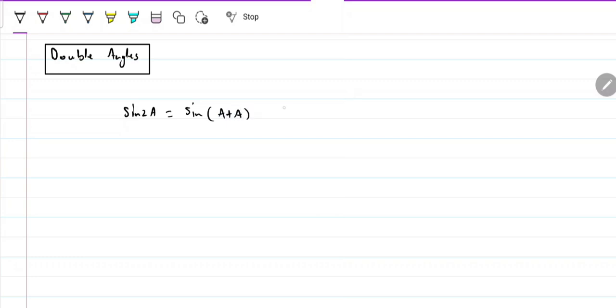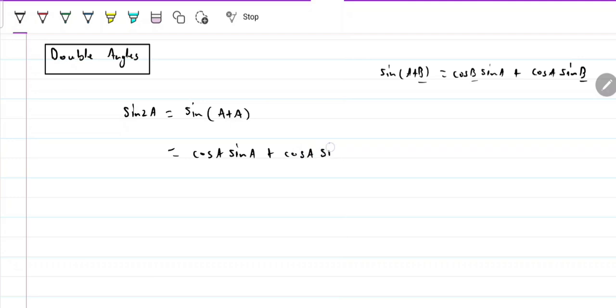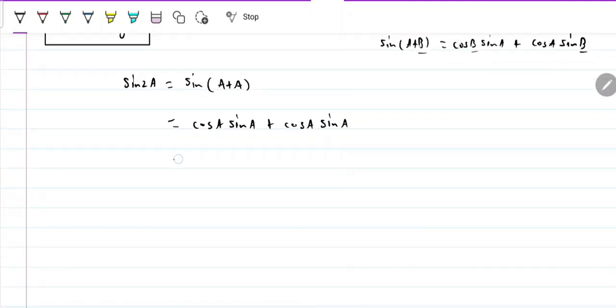And we know that the sine of A plus B is equal to the cos of B times the sine of A plus the cos of A times the sine of B, right? So you just got to replace the B with A. Replace the B with another A, right? So you're going to have the cos of A times the sine of A plus the cos of A times the sine of A again, right?